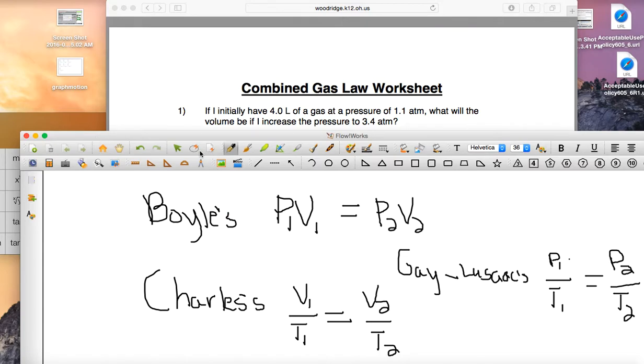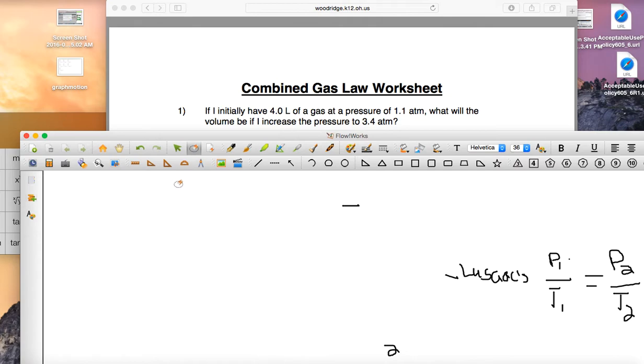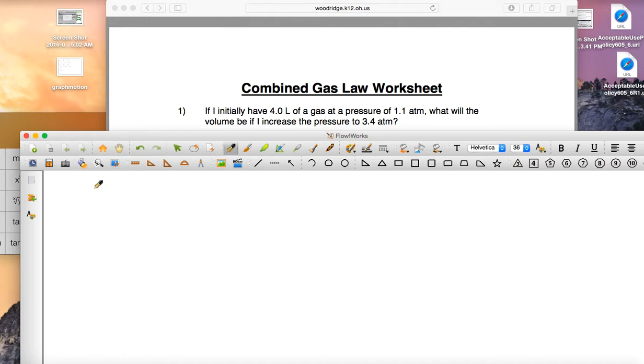So what I'm going to do here is erase this really quickly. And we're going to try to figure out what we are solving for. Okay, so I have an initial volume, so V1 equals 4 liters.